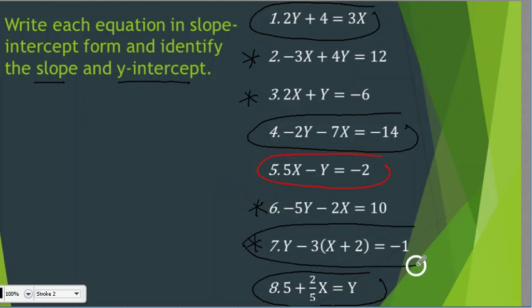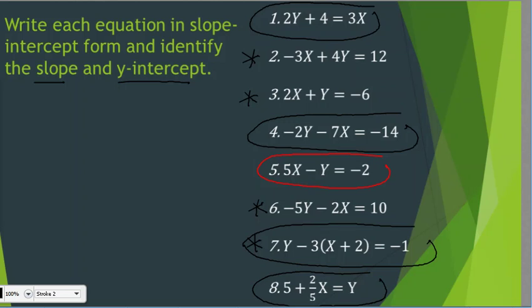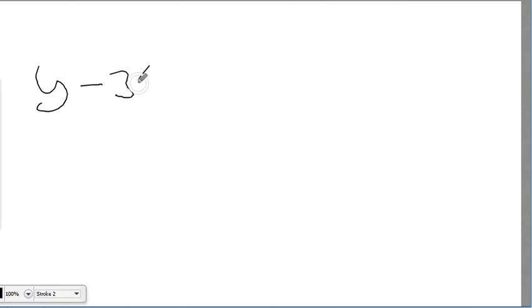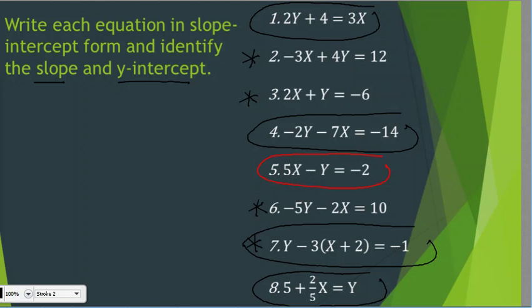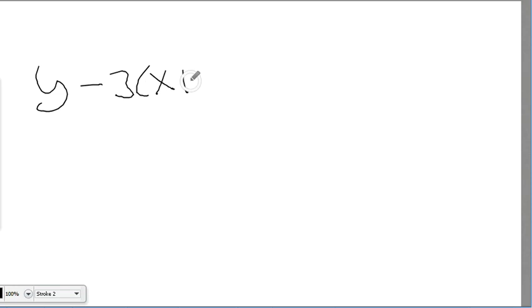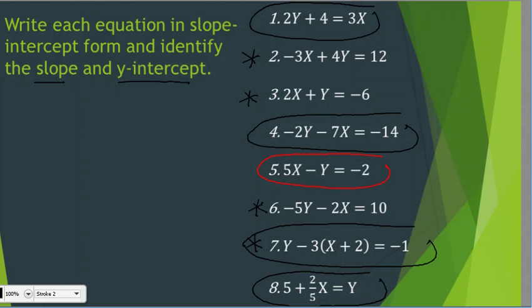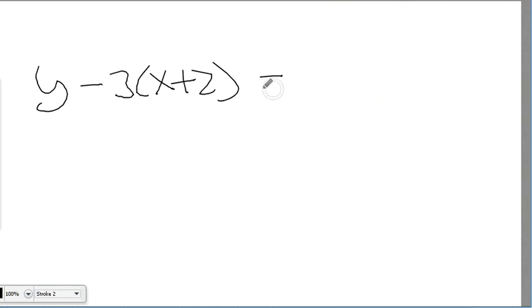I'm going to go ahead and get you started with number 7. I was just looking at that one and I want to make sure that you can get that one started. So I'm going to put this on a new page. y minus 3 times x plus 2 equals negative 1.